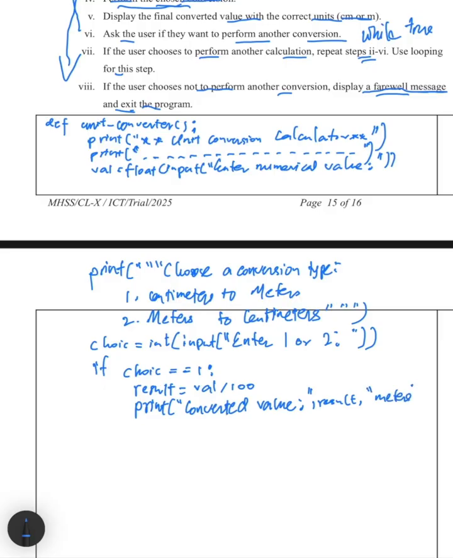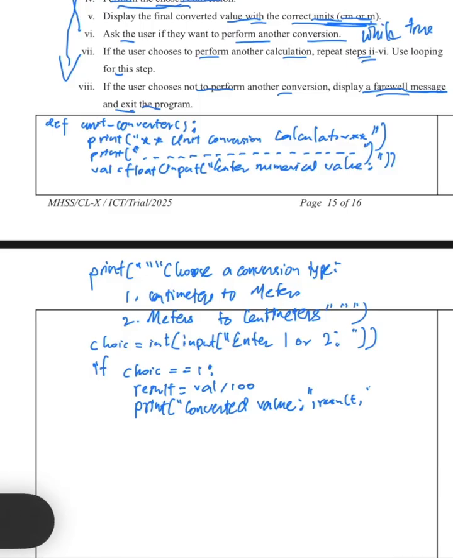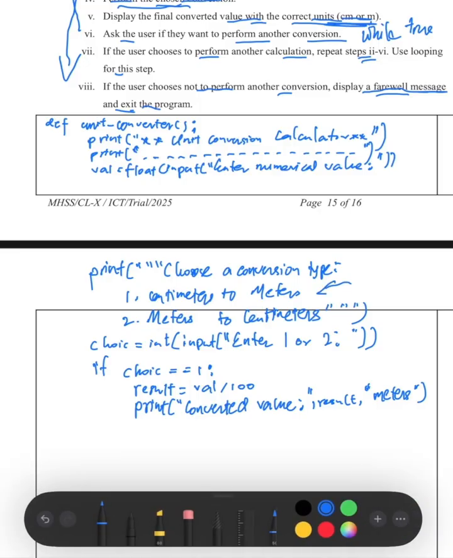Since we are asked to display the value in the correct unit, if it is centimeter, if it's meter, that's why we are saying here meters. Let me write it properly. Meters. So in the print we will be writing the converted value will be whatever the result, and result meters. So we have done the first conversion, which is centimeter to meter.